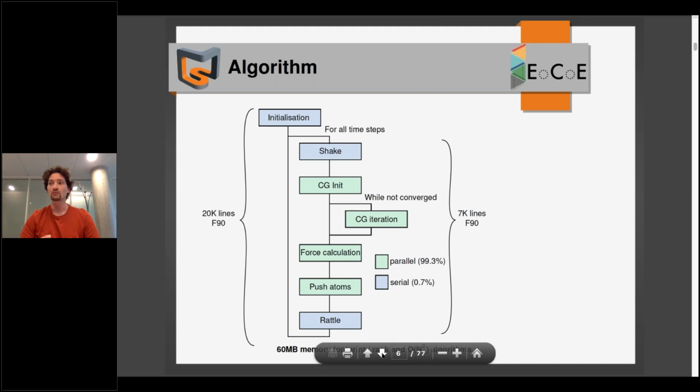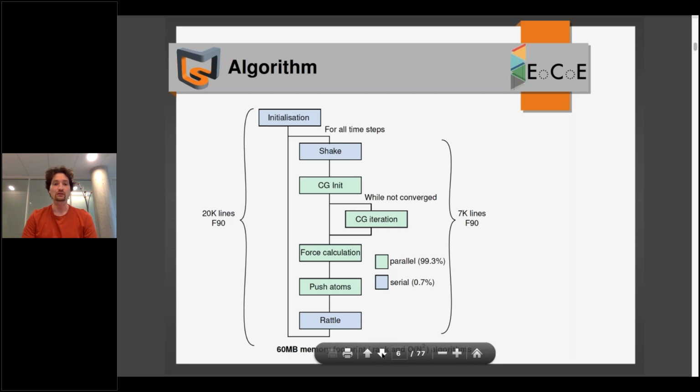That's pretty small for a production application, but still, that's really doing science. We are not working here with a toy code.